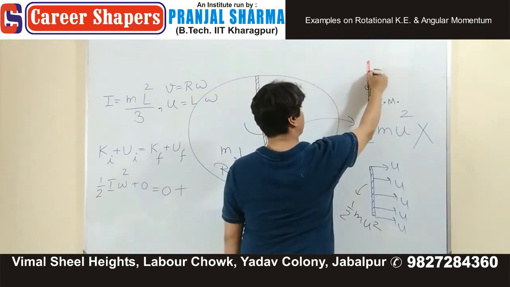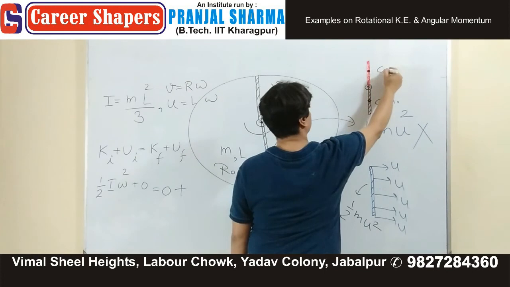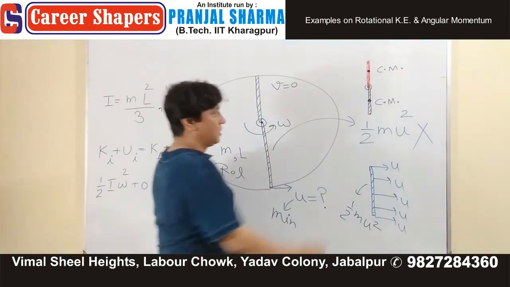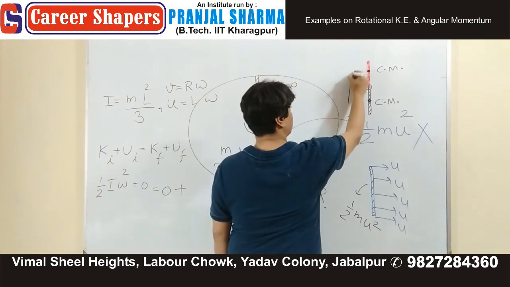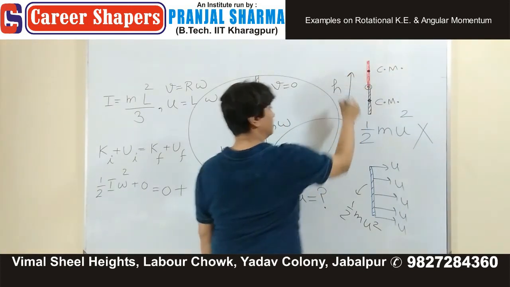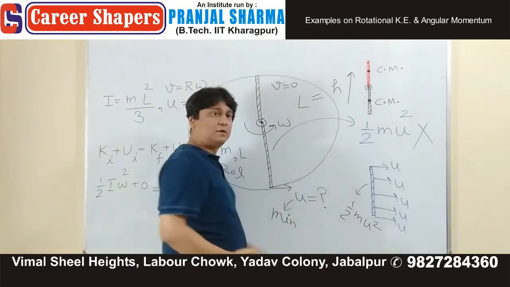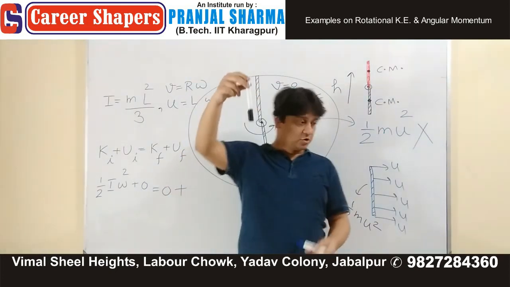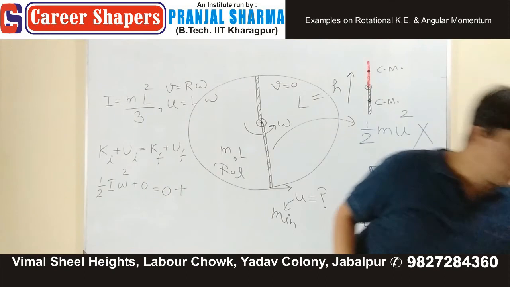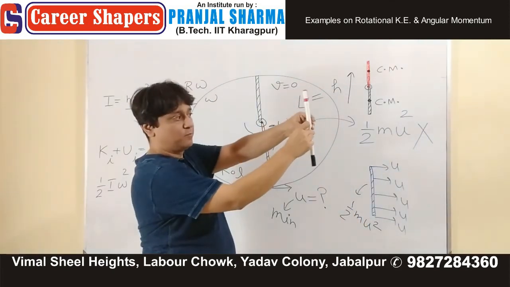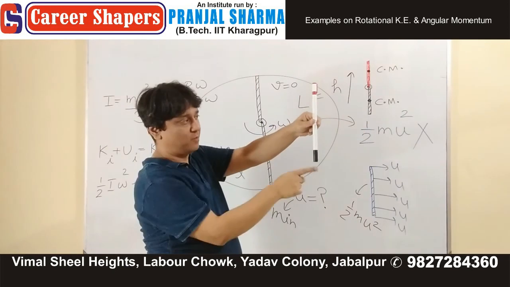This is the center of mass final. What is the jump? H. And I hope you can see that the jump is L. ये जो अपनी rod है, from this it moves to this position, from black to red.